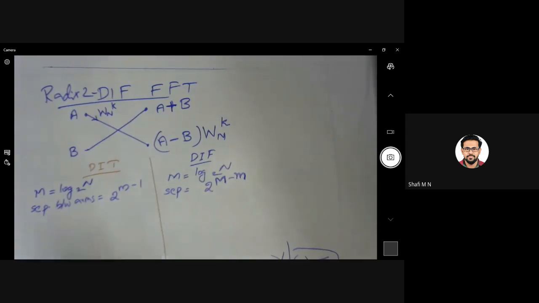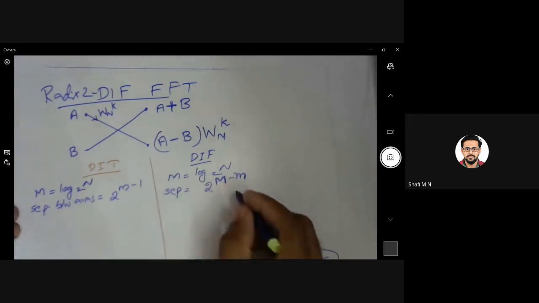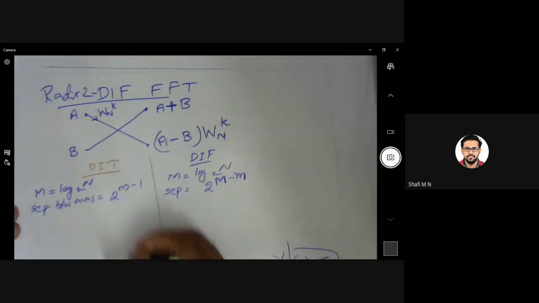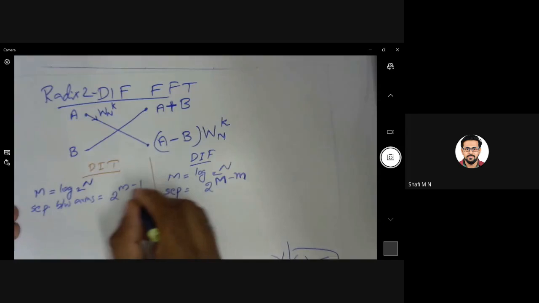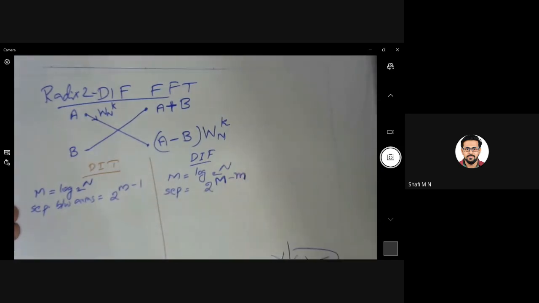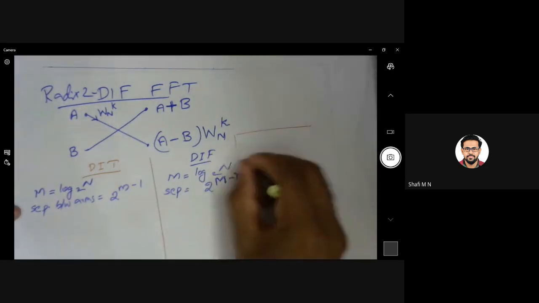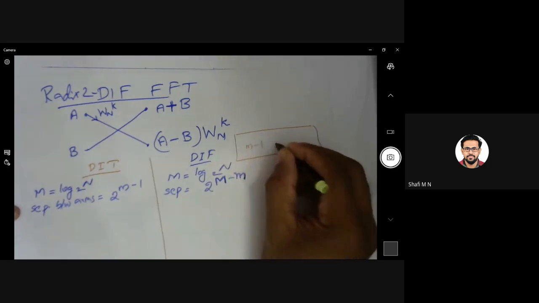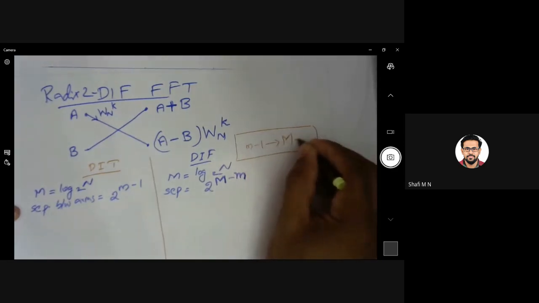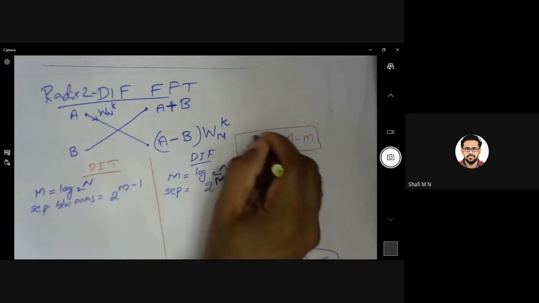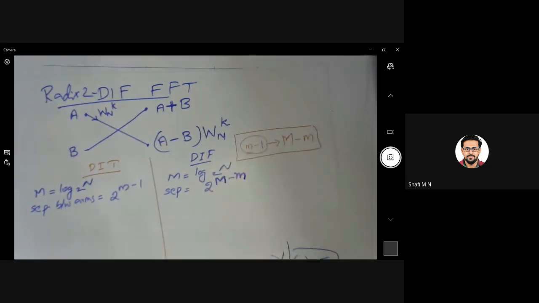Either you can memorize these equations, or I will tell you another easy method. I think you have already memorized equations like 2 raised to m minus 1, right? So the idea is that wherever you see small m minus 1, replace it with capital M minus small m.